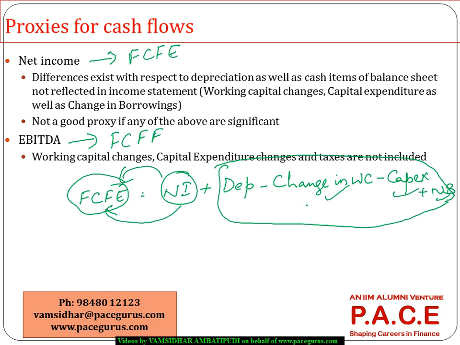When you really assume that none of these is going to be significant, then we can think of using net income as a proxy, especially if this is not a capital intensive business at all, completely an equity kind of a business, and working capital change is very, very nominal. When I assume all these things, and for any industry which works in such a model, probably I can use net income as a proxy to the free cash flow to equity. But if any of these is significant, net income will form a very poor proxy to FCFE.